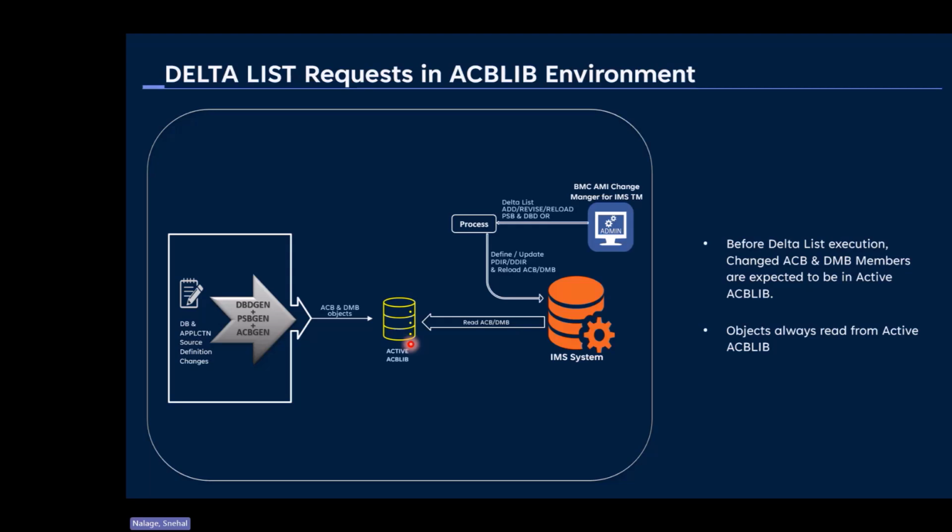Except for the fast path objects, which are reloaded immediately as part of the request. So in the ACB-lib environment, it's expected that the changed member needs to be in the active ACB-lib, and the objects are always read from the active ACB-lib.